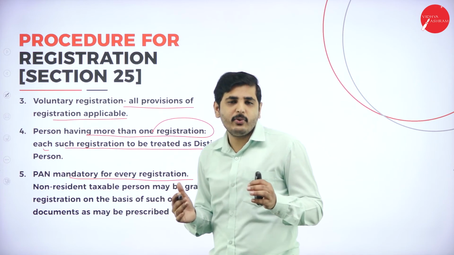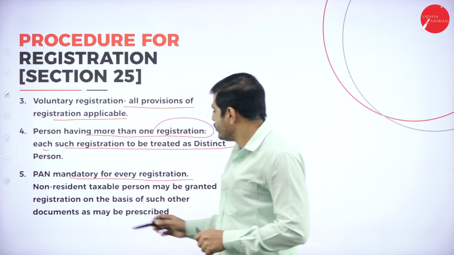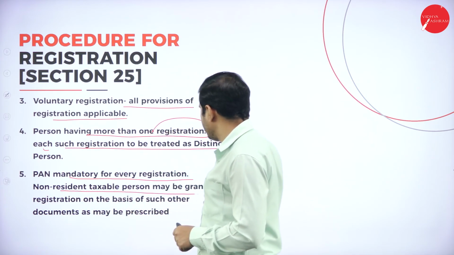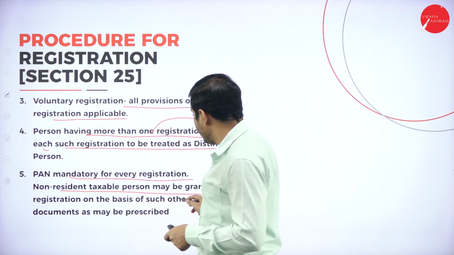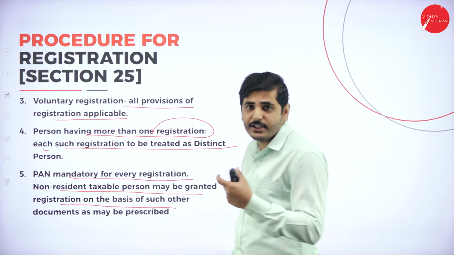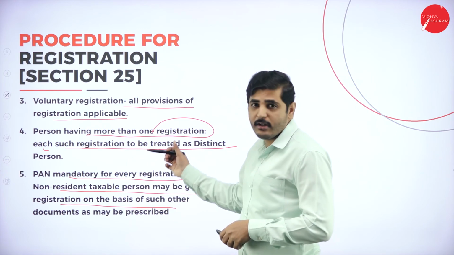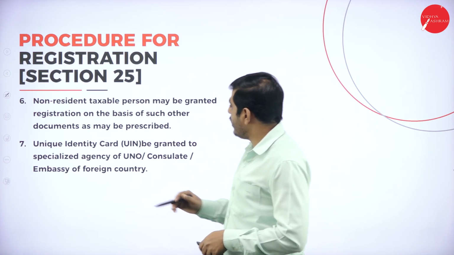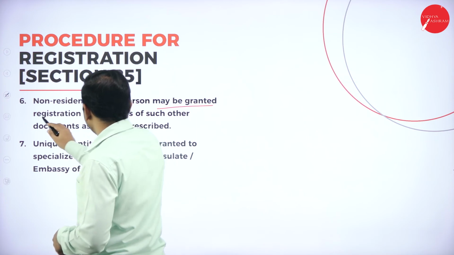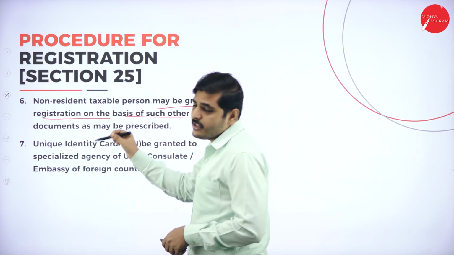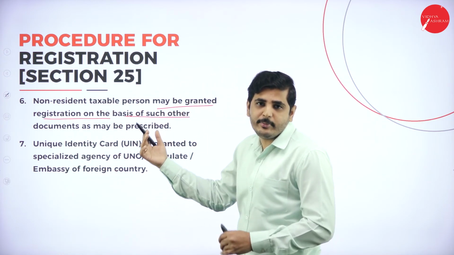So registration will happen on the basis of the PAN number only. A non-resident taxable person who does not have a PAN will have separate registration documents. Next point, a non-resident taxable person may be granted registration on the basis of such other documents as the tax authority may require.